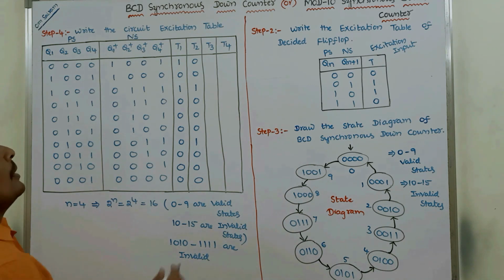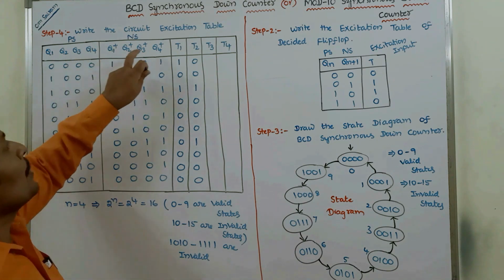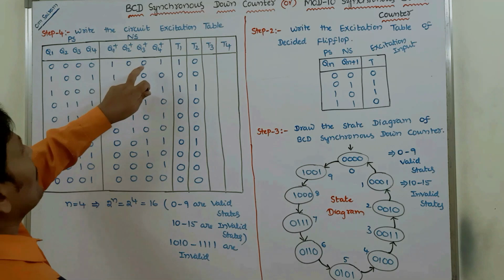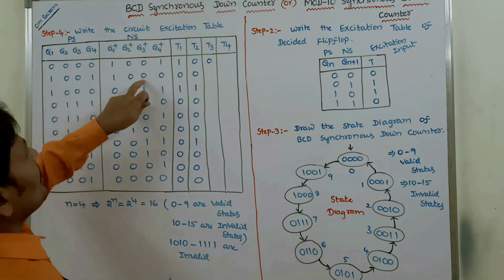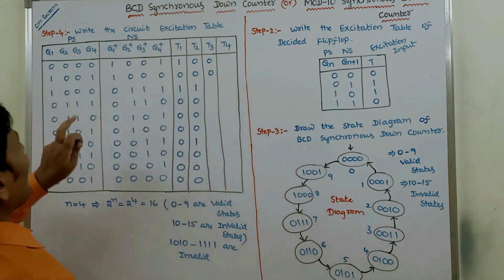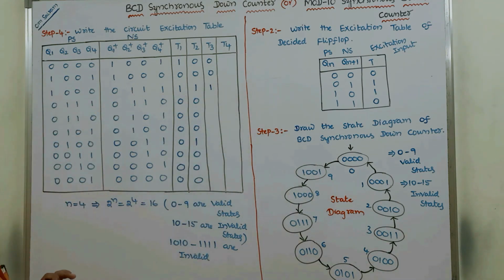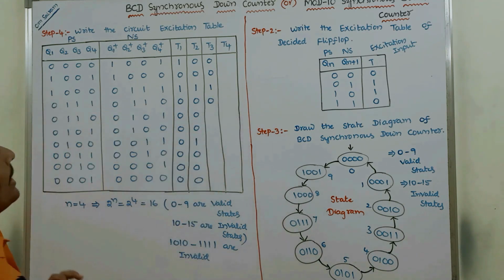Now, for filling out T3 column, we have to consider Q3 and Q3 plus as inputs. Here 0, both bits are same, T3 value 0. Here 0, 1, both bits are different, T3 value is 1. Here 1, both bits are same, T3 value 0.